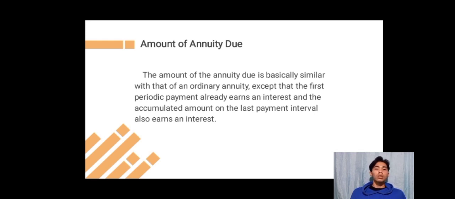So, maganda gamitin ang annuity due kasi sa first periodic payment pa lang makaka-earn ka na agad ng interest at sa end ng quarter sa last periodic payment mo makaka-earn ka rin ng interest. So sa first and last payment mo, parehong makaka-earn ka ng interest. So later on I will show a diagram so that you can understand it clearly.